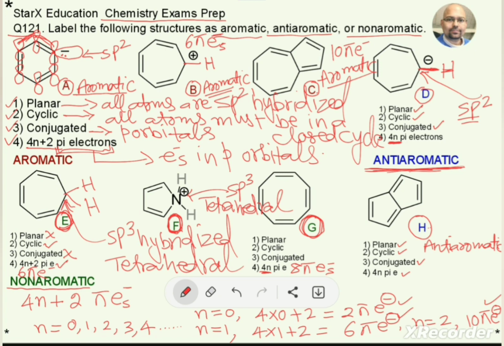For a species to be classified as antiaromatic, the first 3 conditions must be fulfilled, and the number of pi electrons must be 4n. And anything that does not classify as aromatic or antiaromatic will be non-aromatic.